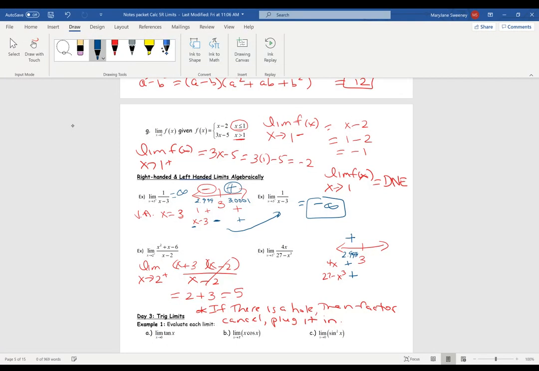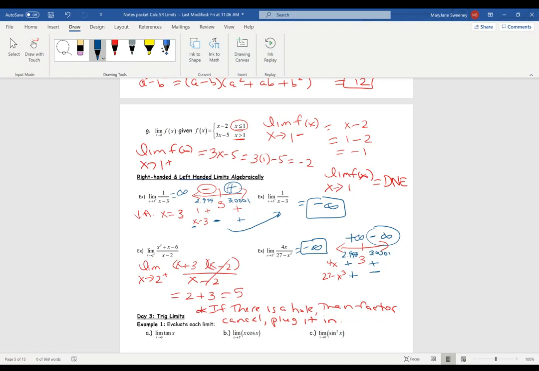So this is overall positive, or I could think of going to positive infinity. If I take 3.0001 in here, that's positive. In here, that'll be negative, which then makes this negative infinity. So if I'm approaching 3 from the right, it's negative infinity over here to the right of 3.